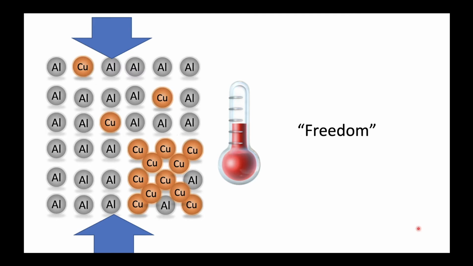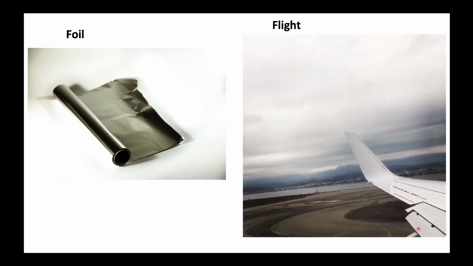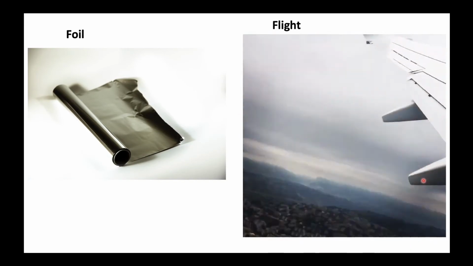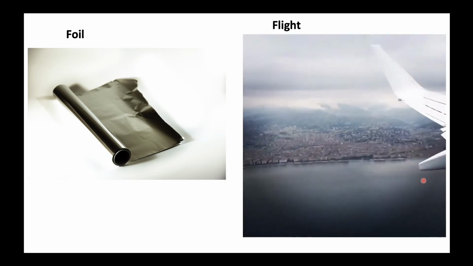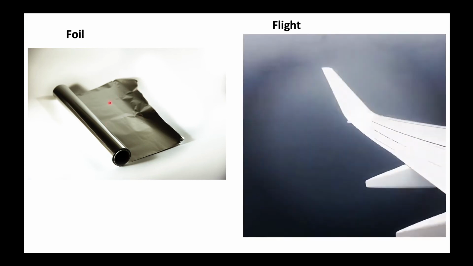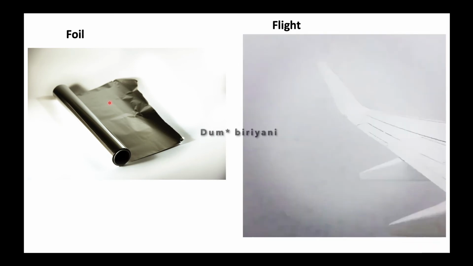But why should we really care about this? Let's take an example, which is foil to flight. Both materials are made of aluminum. Here, the aeroplane body is made from aluminum alloy. However, they both serve two different purposes. Aluminum foil, probably you use it to make biryani, whereas flights we use to fly, right?